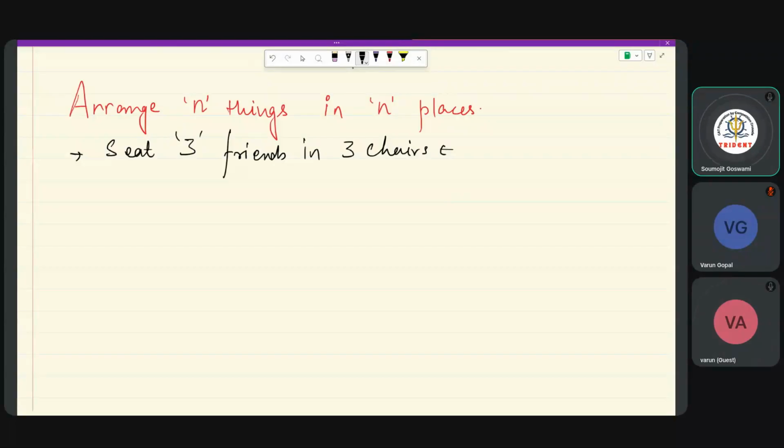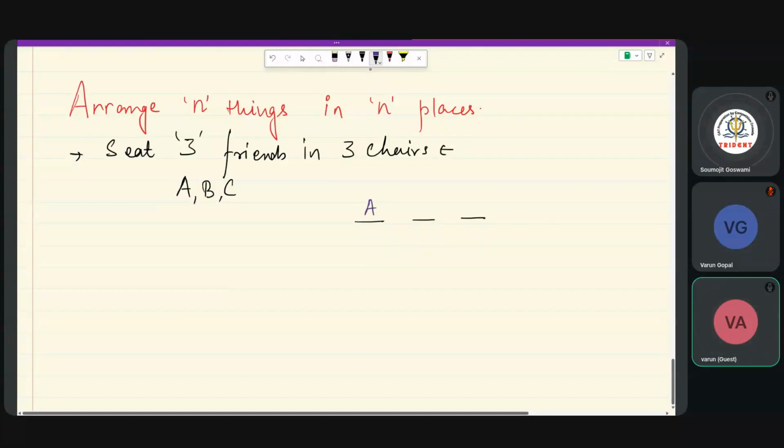Suppose there are 3 friends, A, B, and C, and then there are 3 chairs. How can we make them sit? So it could be A, B, C, one of the ways. Another way could be A in the first place, and exchanging the place between B and C, could be A, C, B.